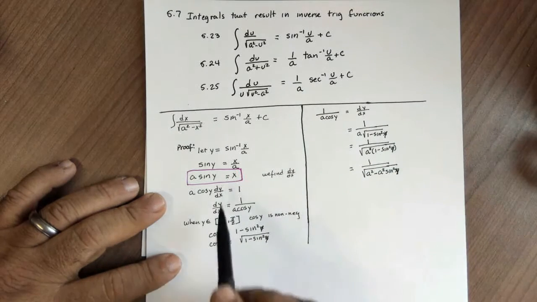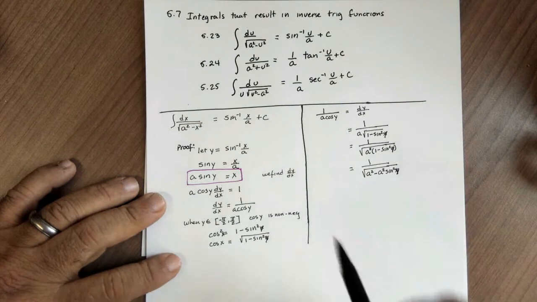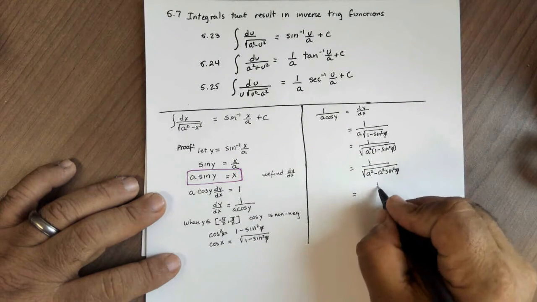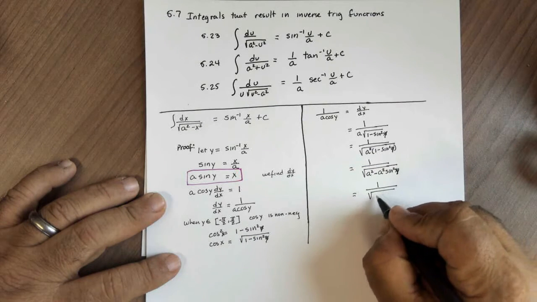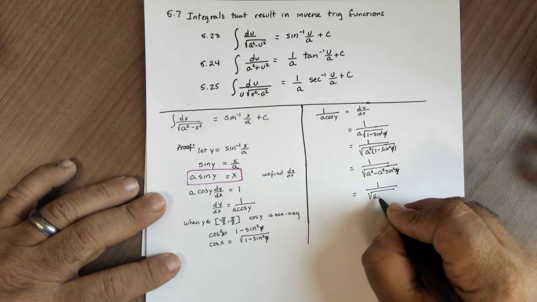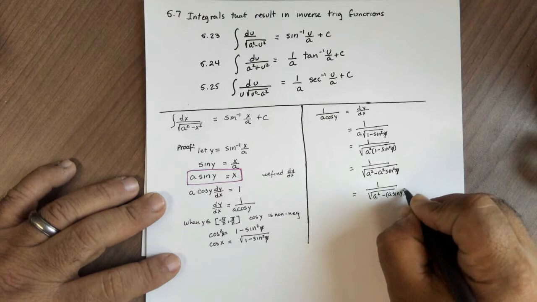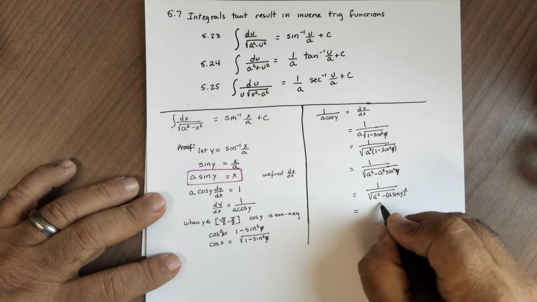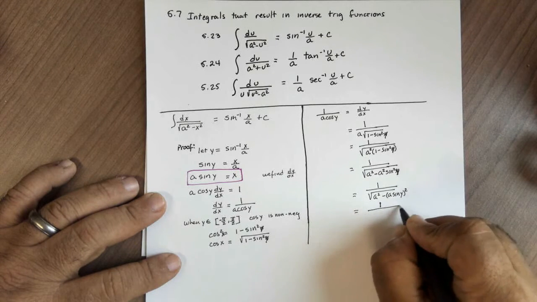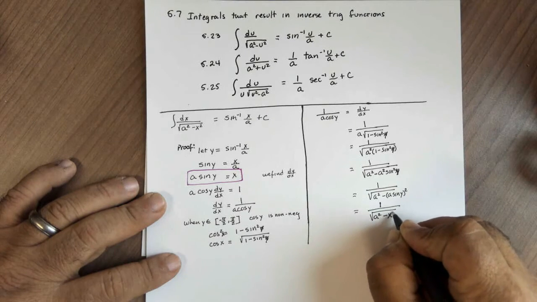Well, then going back to this thing, x is a sine y, so what we get is 1 over the square root of a squared minus a sine y squared, and that's going to give us 1 over the square root of a squared minus x squared.